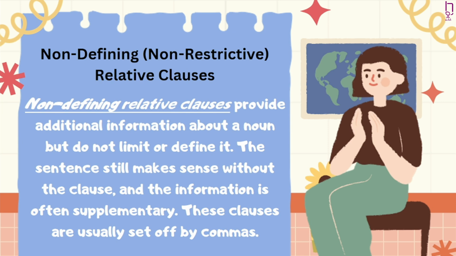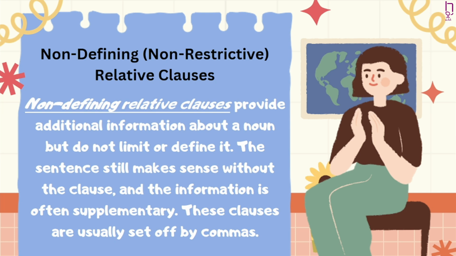The second type is non-defining or non-restrictive relative clauses. Non-defining relative clauses provide additional information about a noun, but they do not limit or define it. So the sentence still makes sense without the clause. It's not mandatory. If you cut off the non-defining clause, it's still a sentence, but the clause adds information, and the information is often supplementary.